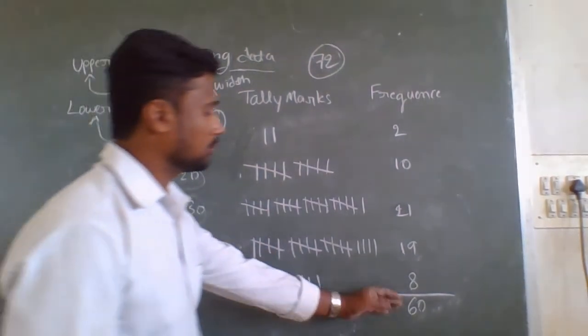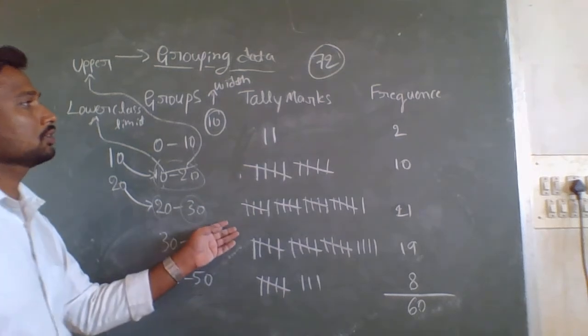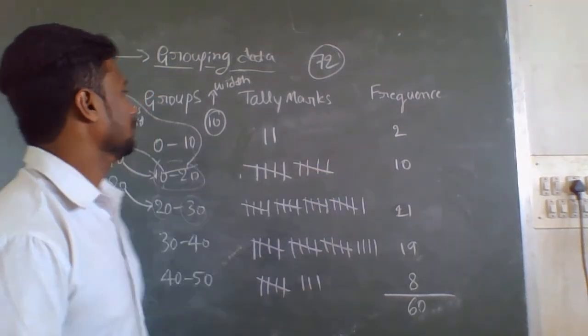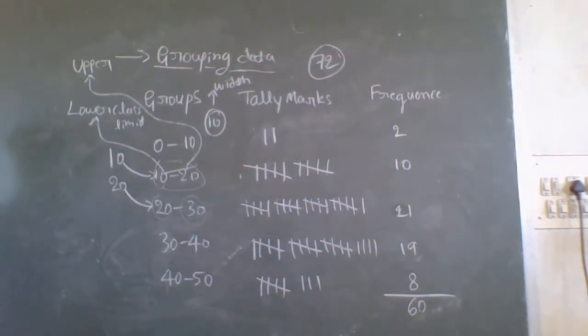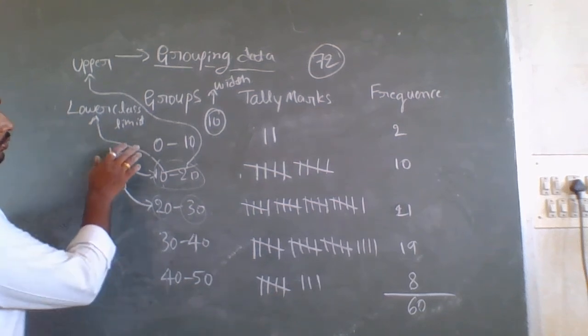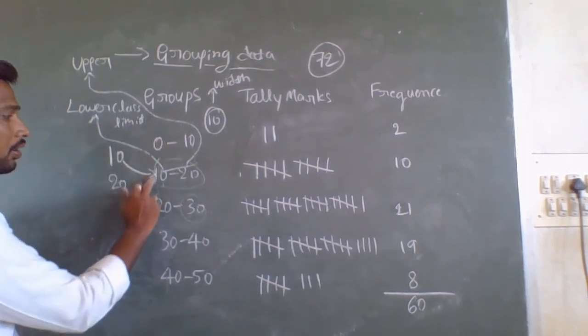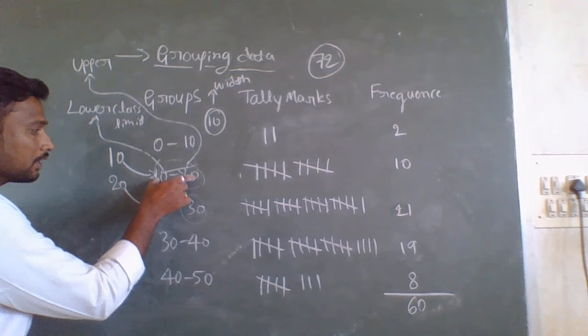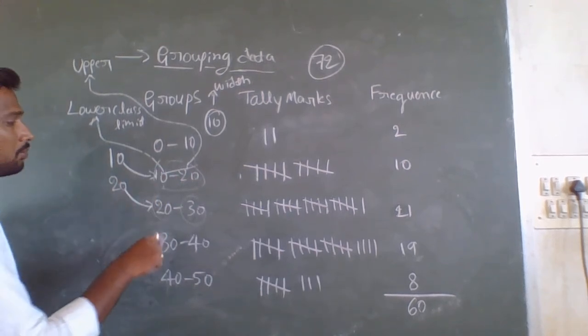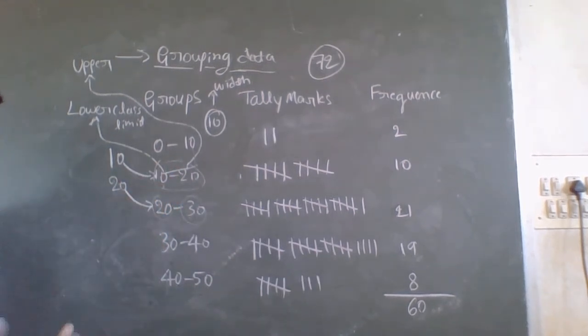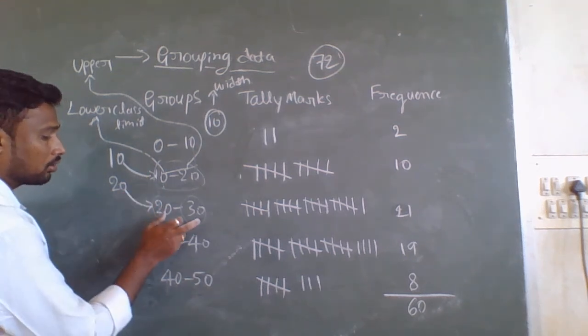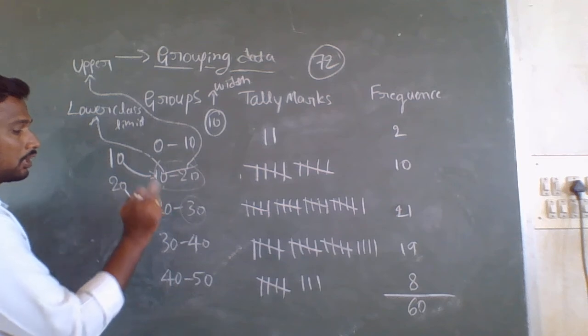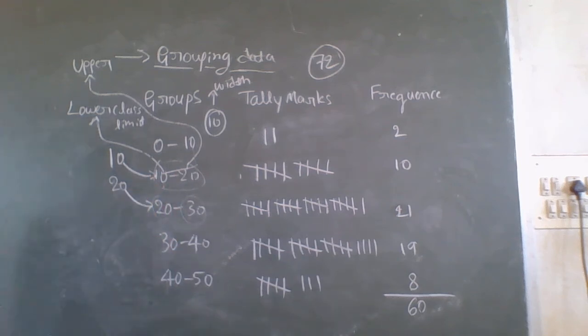There are totally 60 students, and these are the tally marks related to frequency. What is important is, if one student gets 10 marks, we should enter it in 10 to 20. If he gets 20 marks, we should enter it in 20 to 30, not in 10 to 20.